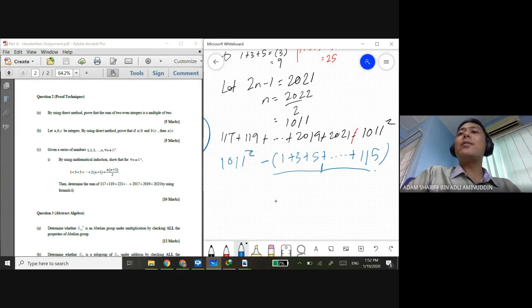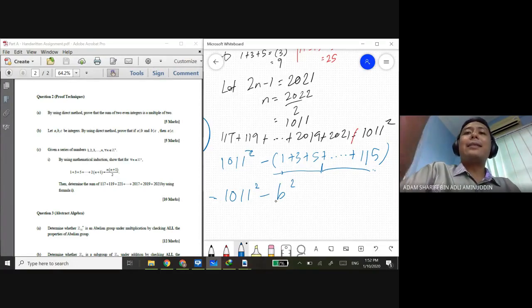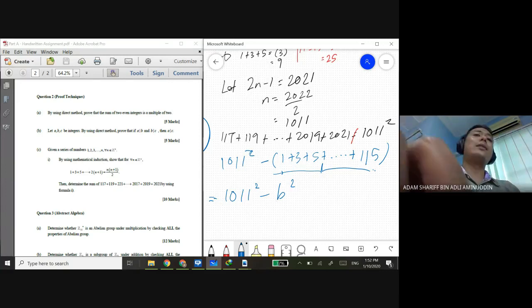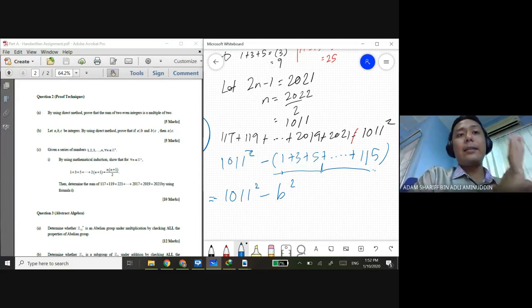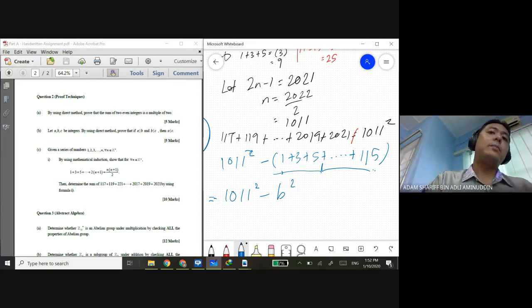You should already know what is the summation from 1 until 115. Then the answer will be that thing. Saya dah ajar you cara. Student tak buat, some of the students dia tak tolak. Dia terus dapat 1011. Ini kesalahan kedua.